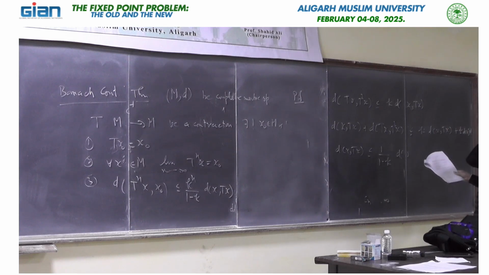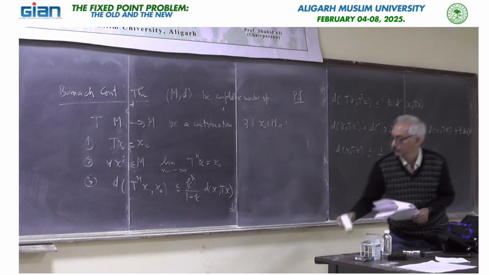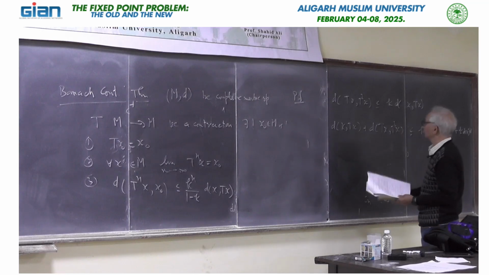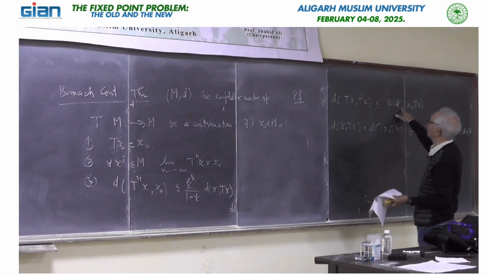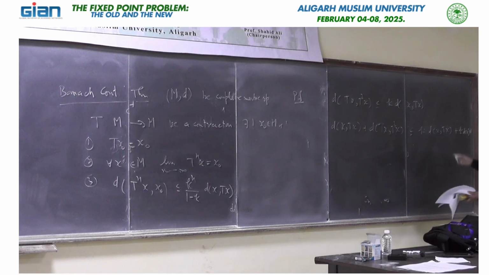Did I make a mistake? How do you get that k? Yeah, let me see. I think I made a mistake there. This one is okay, because you add this d of x, Tx on both sides.